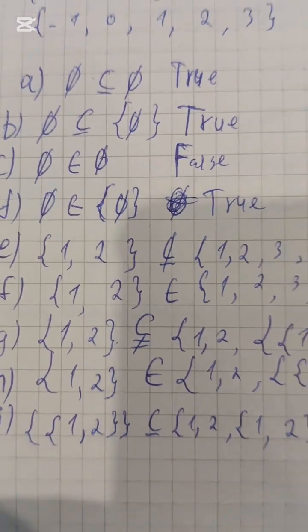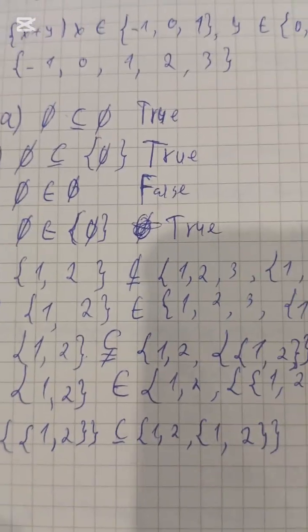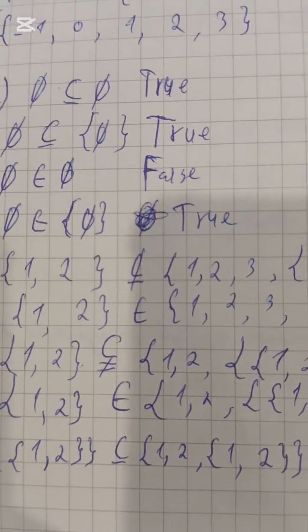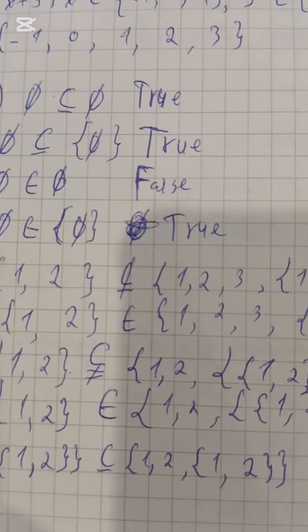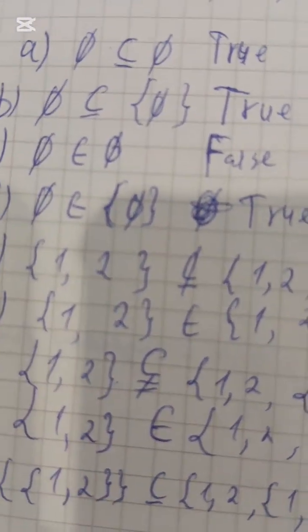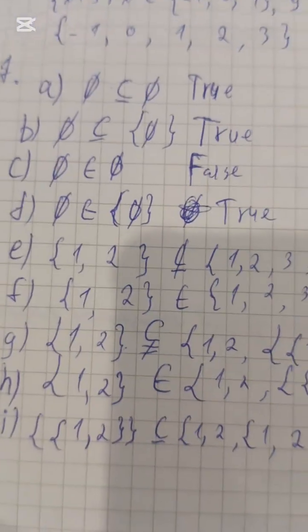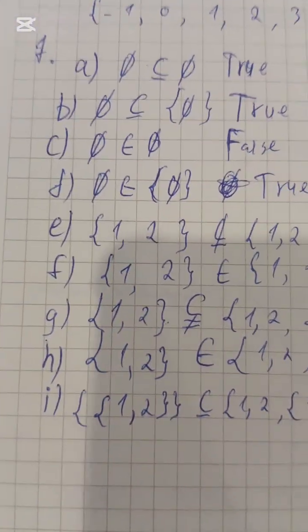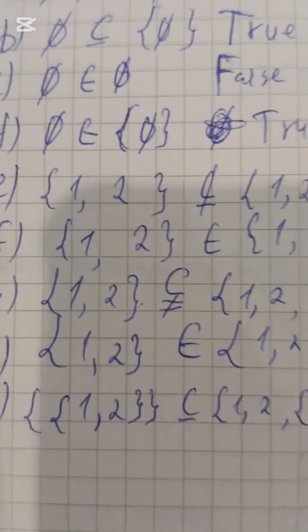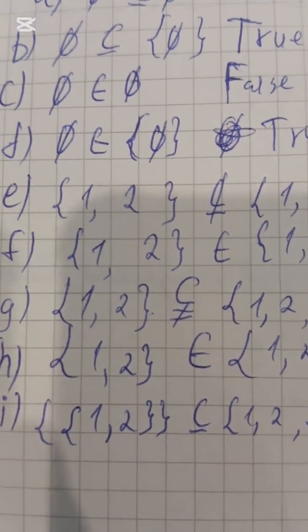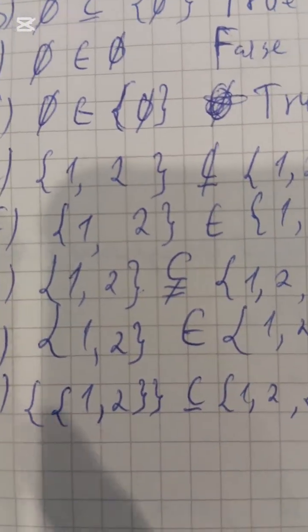Next one is also like that, but the sign is equivalent. It will be false because exactly these numbers are not here. G is something the same as E, but it's a subset but not equal.